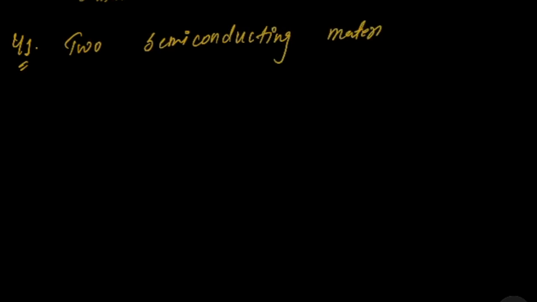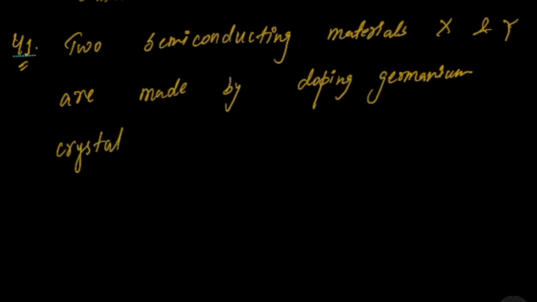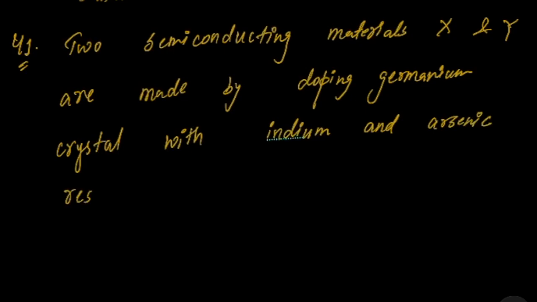Semiconducting materials X and Y are made by doping germanium crystal with indium and arsenic respectively.